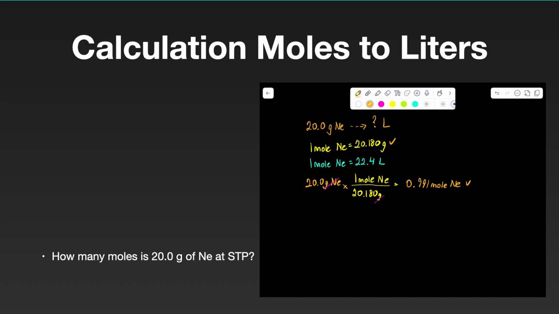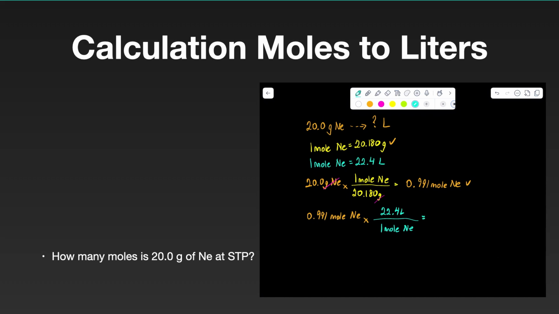We've used that conversion factor. Now the second step is to take the 0.991 moles of neon that we just calculated, set up a multiplication with a fraction bar, and I'm switching to blue here so you can follow along. We want 1 mole of neon to be on the bottom, and then we're going to have 22.4 liters up on top.